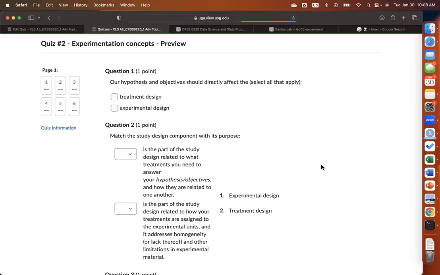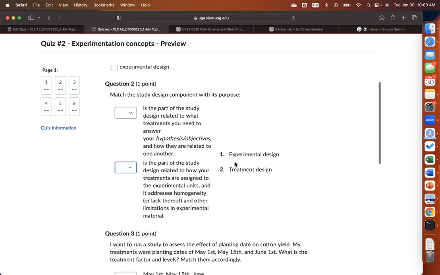Okay, so, I hope that I told this enough times today and yesterday or last class that you got this right. But let's just go through this again. Treatment design is going to be related to your objectives, right? That's what treatment design is there for. Your experimental design is the part of the study that is going to allow you to assign your treatments to homogeneous experimental units and those types of limitations.